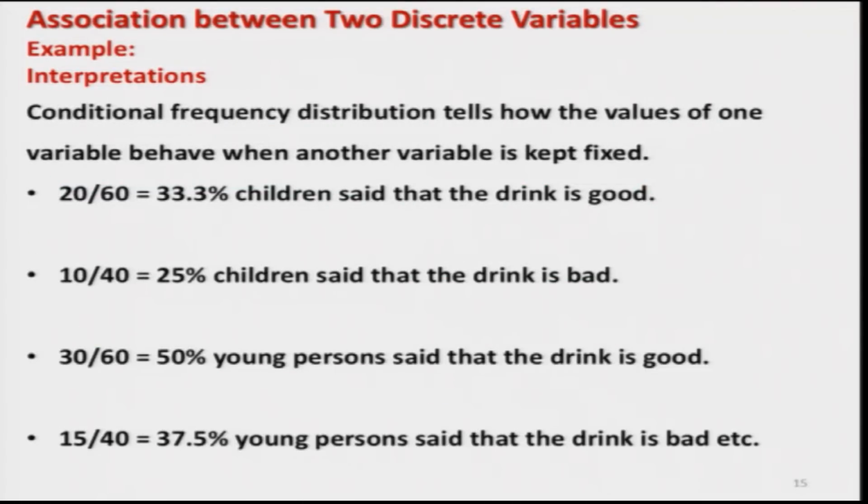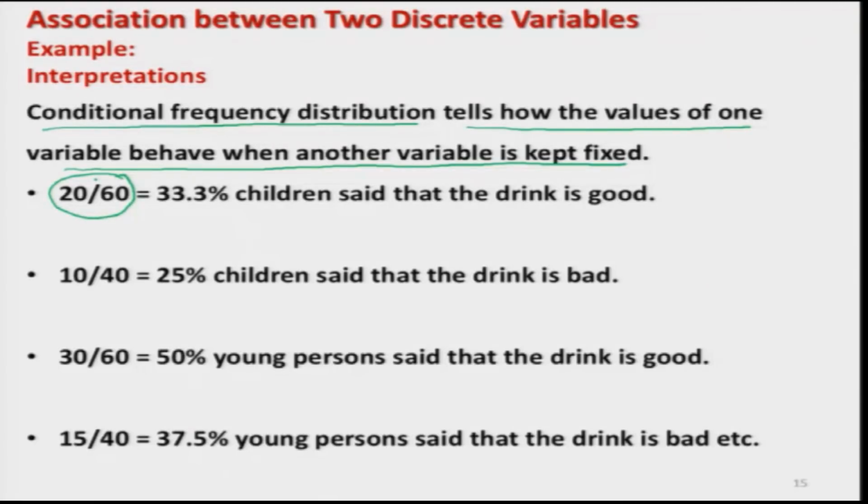Similarly, if I try to find the frequency distribution in terms of conditional frequencies, then this conditional frequency distribution gives us information on how the values of one variable behave when another variable is kept fixed. So, you can see I am obtaining the value 20 by 60, and I am saying that 20 upon 60 into 100% of children said that the drink is good.